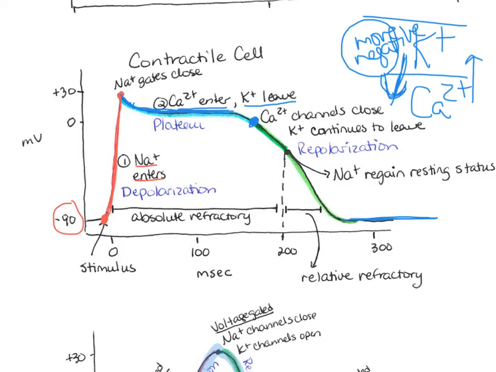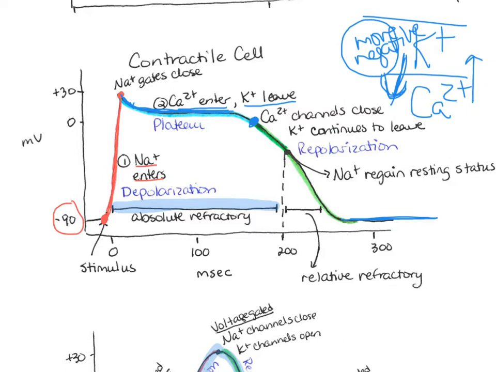Well, mostly it's because when calcium is involved and you get that long plateau, that is the absolute refractory period where no other action potential can occur on that cell in that time. Okay? That's an absolute refractory period.